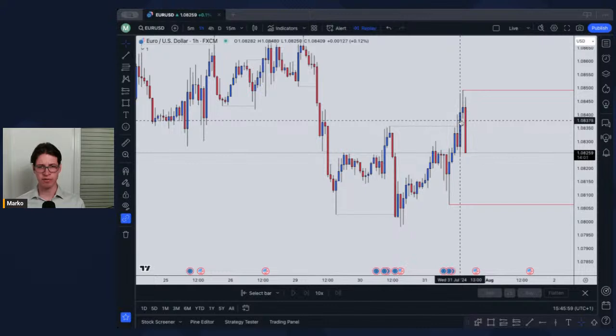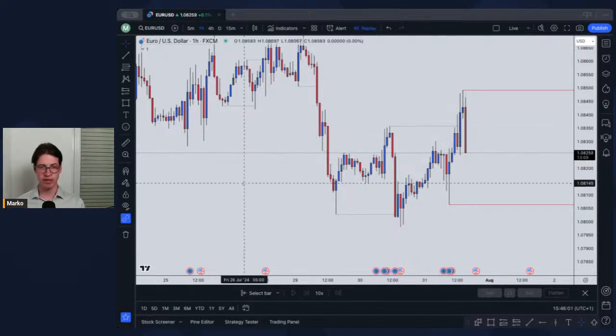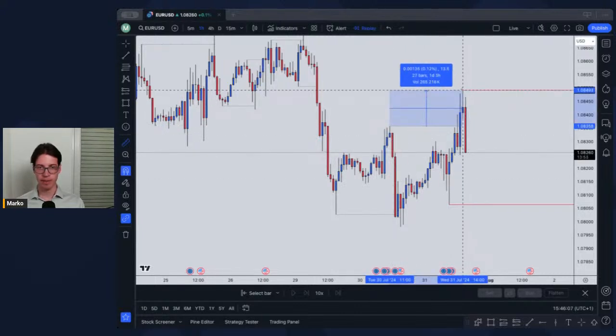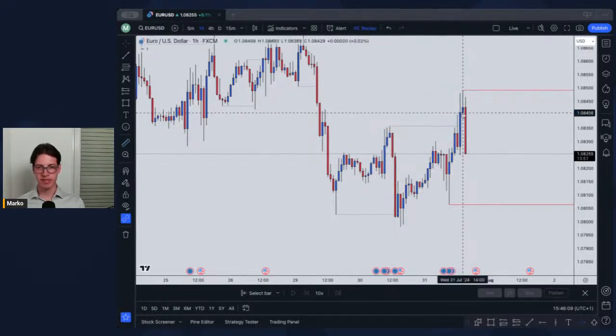Also, it kind of pushed a lot into liquidity. Let me just see. By how much? 13.5 pips. Yeah, it's kind of a lot. And the entry candle is absolutely massive, which is not really a good sign.